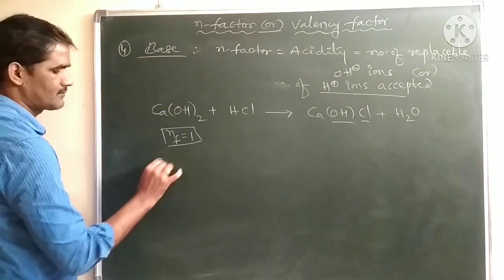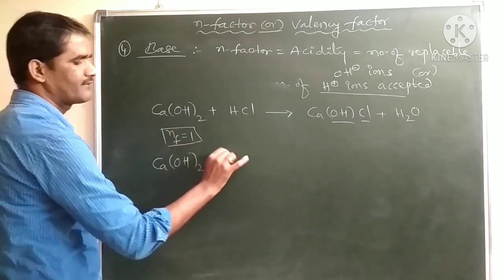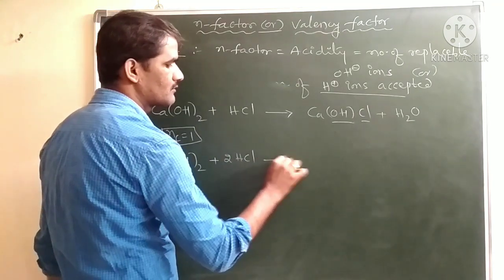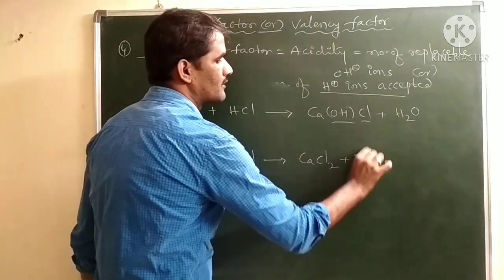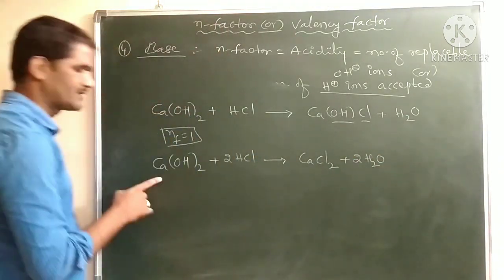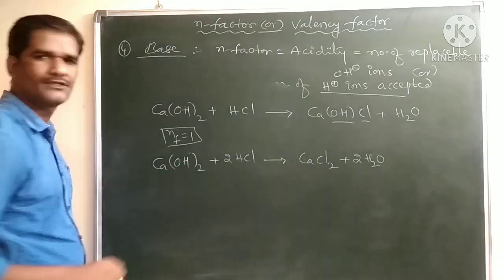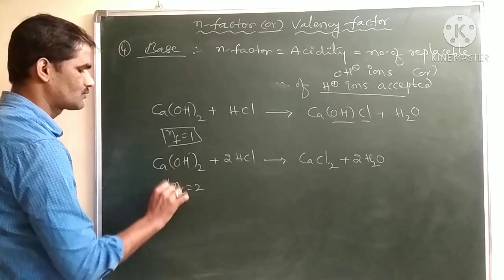The same calcium hydroxide treated with 2 moles of HCl will give CaCl2 plus water. Now if they ask what is the N factor in this reaction, 2 OHs are replaced with 2 chlorines. We can say the N factor is equal to 2 here.